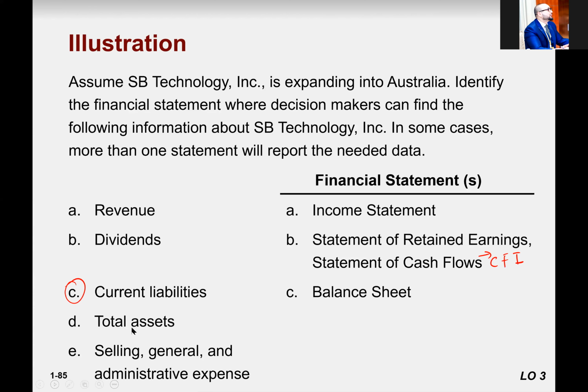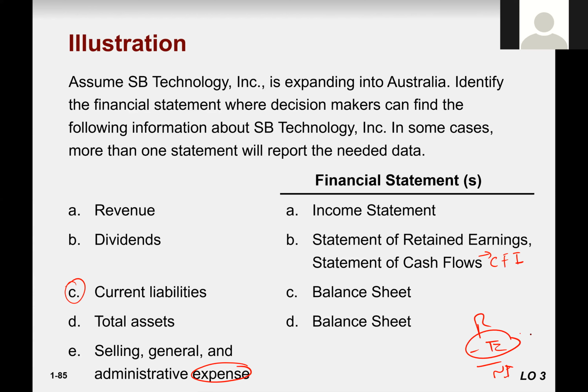How about the total assets? Total assets, balance sheet. Very nice. How about selling, general and administrative expenses? Expenses are in the income statement. Very nice. Isn't it cash flow, because isn't it operations? There is no word cash written here.